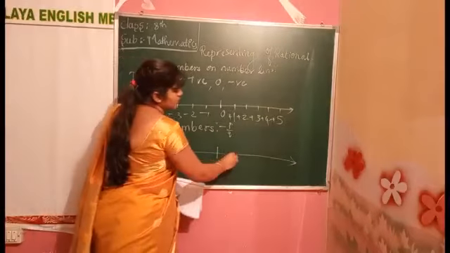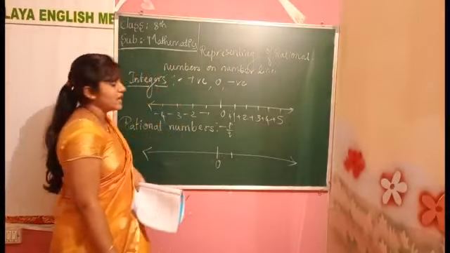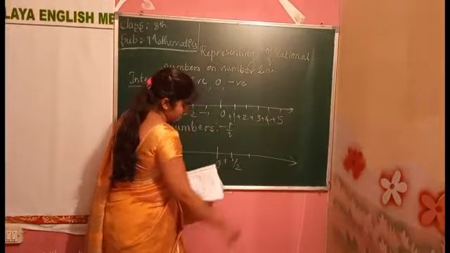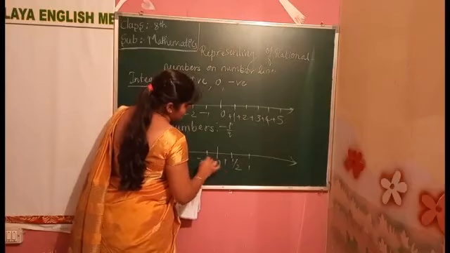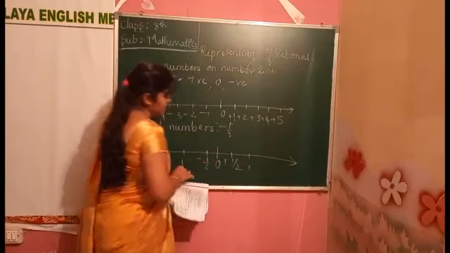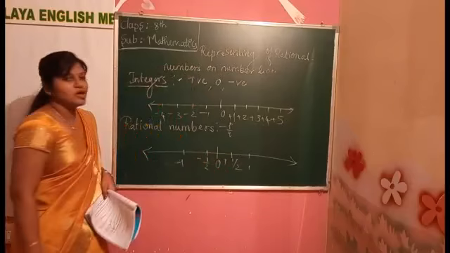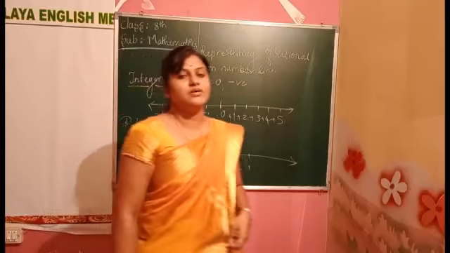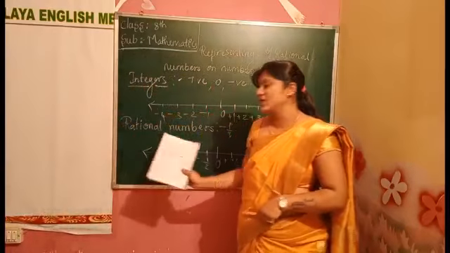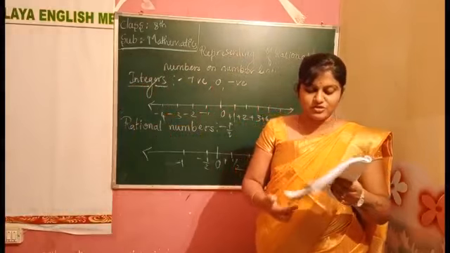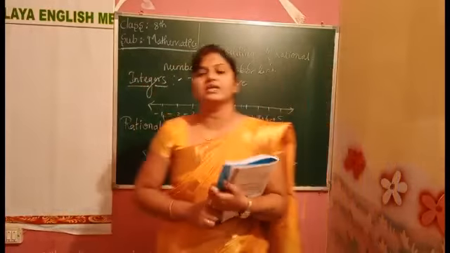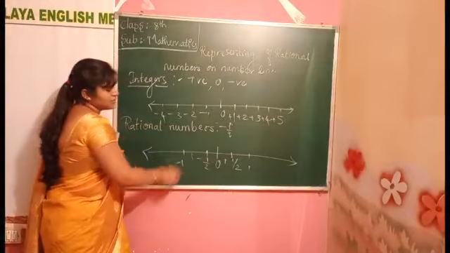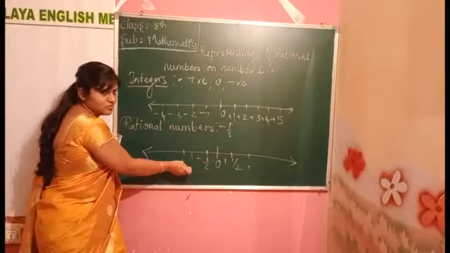But the numbers will be in the quotient form, like plus 1 by 2, minus 1 by 2, 1. Like this it will be. Because a rational number means we have a numerator and a denominator. Without a denominator and numerator we can't call it a rational number. Understood now? And in rational numbers, one more thing is that we can find the missing numbers also. In between these two we have some more numbers.